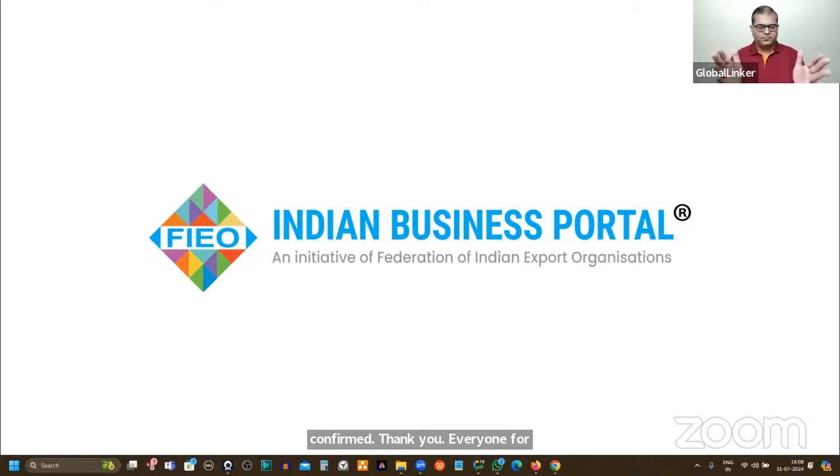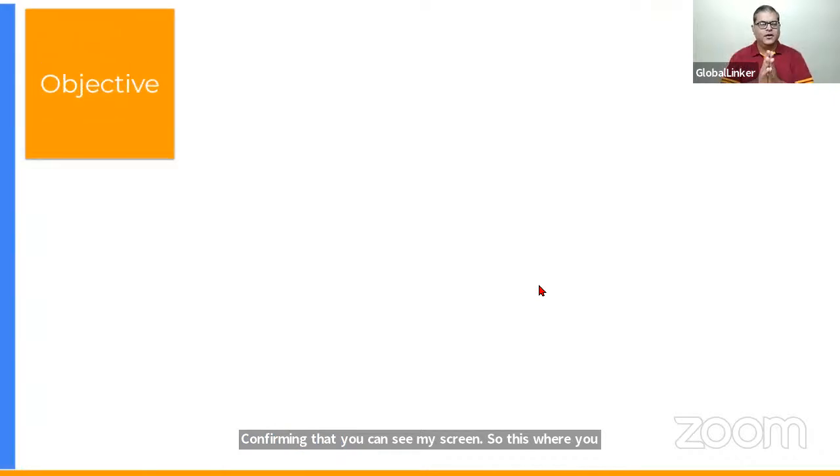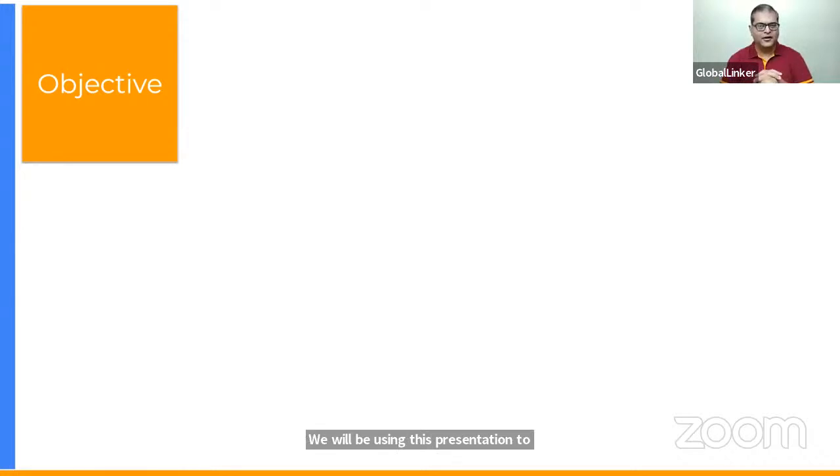This is a presentation that I'm sharing with you, and we will be using it to have a clearer understanding of the entire construct. I could straight away take you to Indian Business Portal and share the steps you should follow to create your digital catalog, but you may not get a bird's eye view.